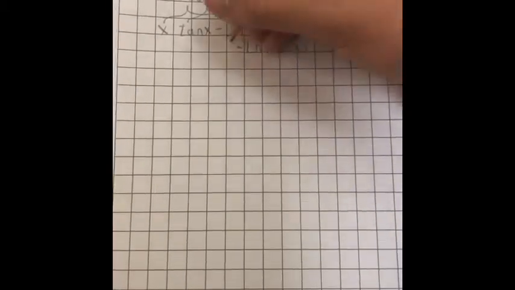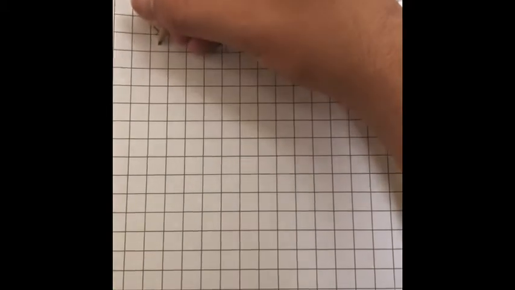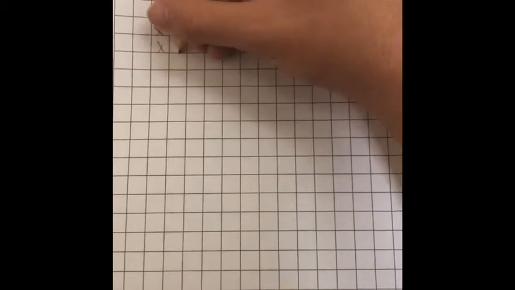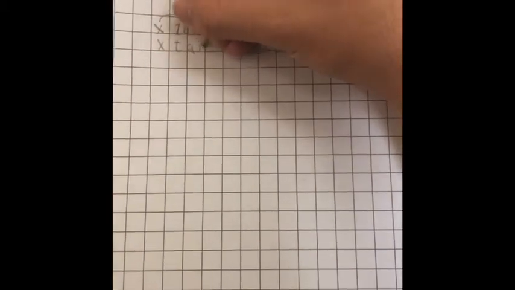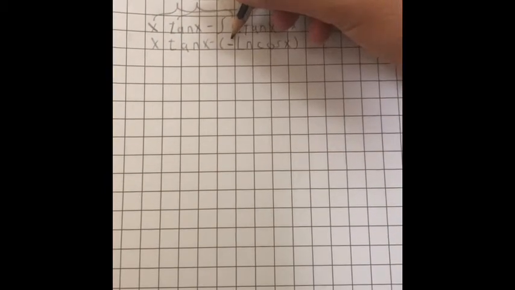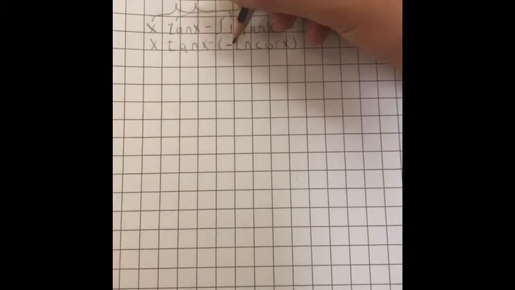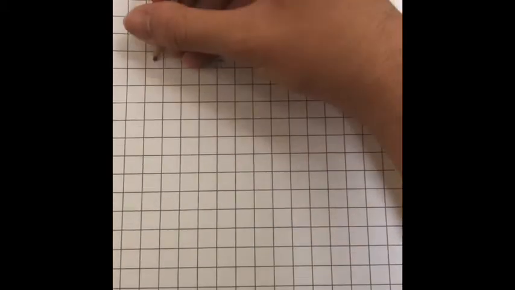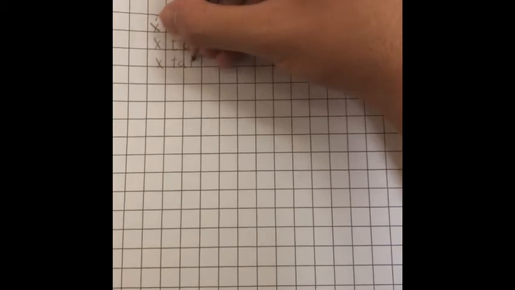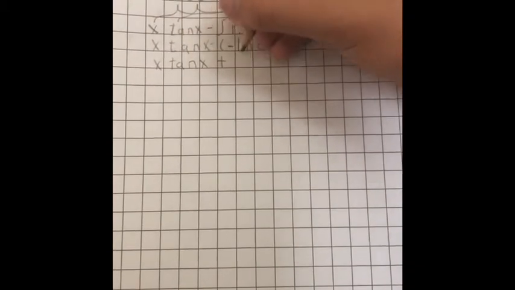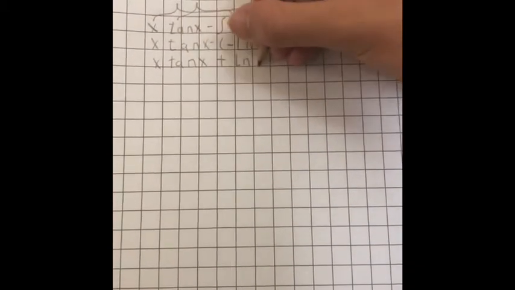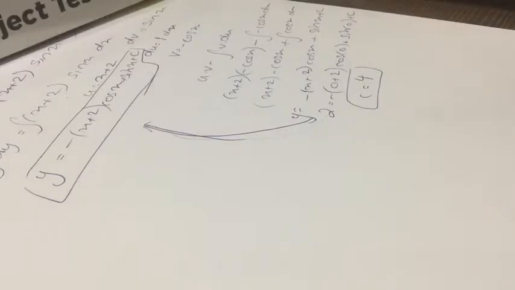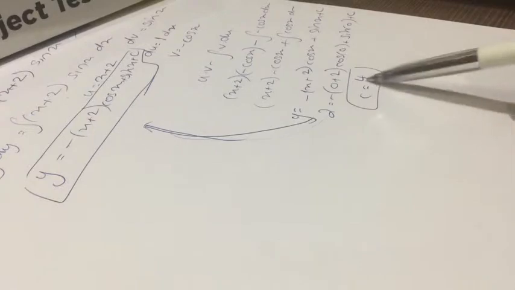Put this in a bracket, and we put x tan x minus, which will become plus, so it will be x tan x plus ln cosine x. Okay, so we found C4.